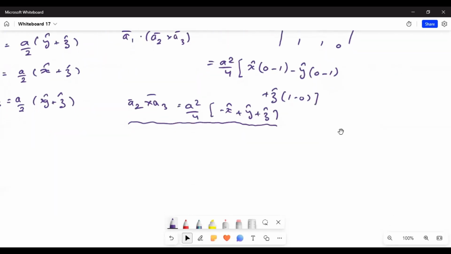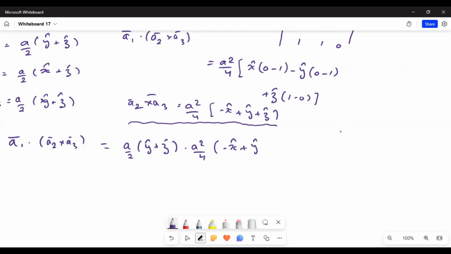Now let's take the dot product of A1 with A2 cross A3. A1 is a by 2 times y cap plus z cap, dotted with a square by 4 times minus x cap plus y cap plus z cap.